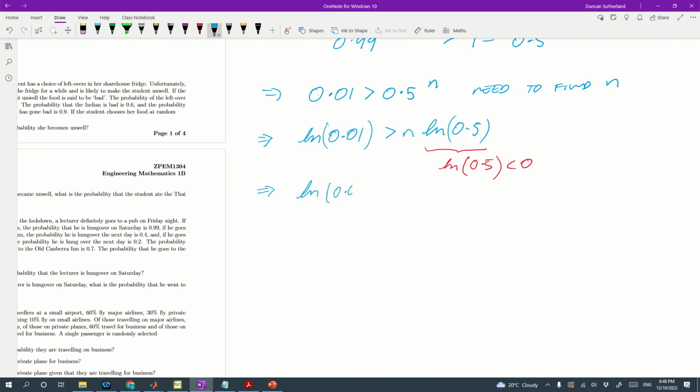We find that n has to be greater than log of 0.1 divided by log of 0.5. You can stick that into your calculator and round up to the nearest integer. It's greater than this, so it's really the ceiling of that fraction.